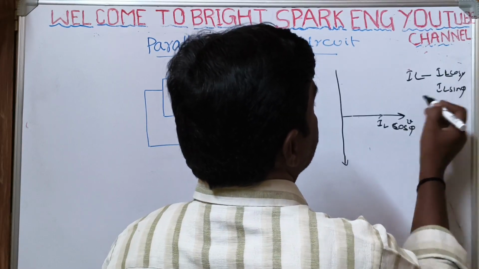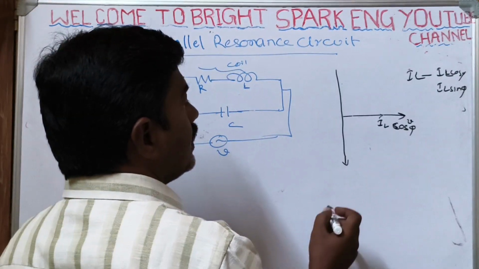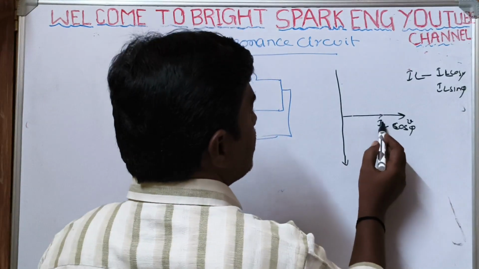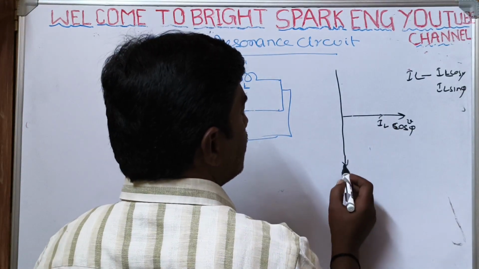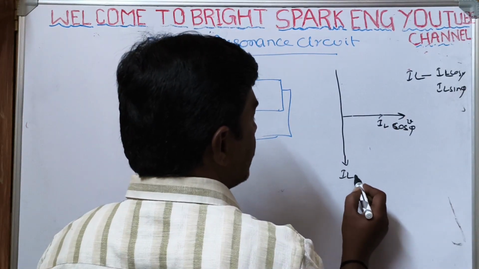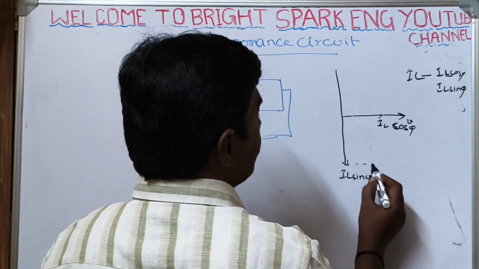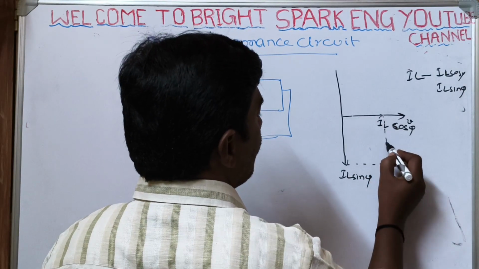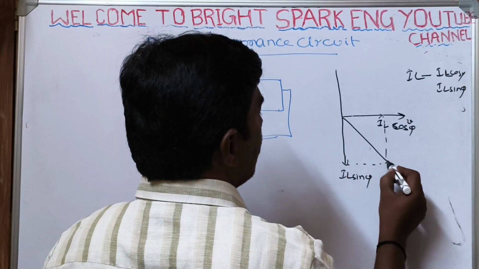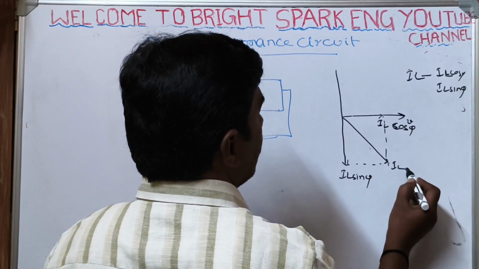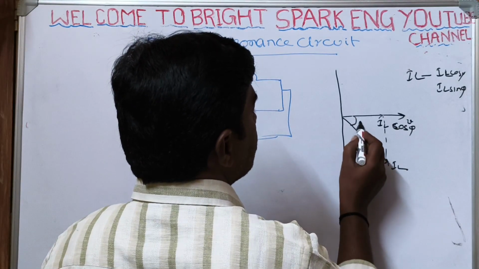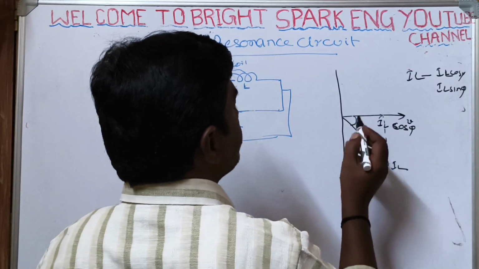This is the vector sum. Here IL cos phi is in phase with the voltage. Here is the IL sin phi. The vector sum is this IL. Here the angle is phi.